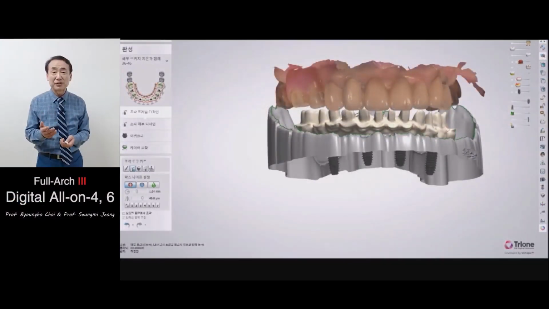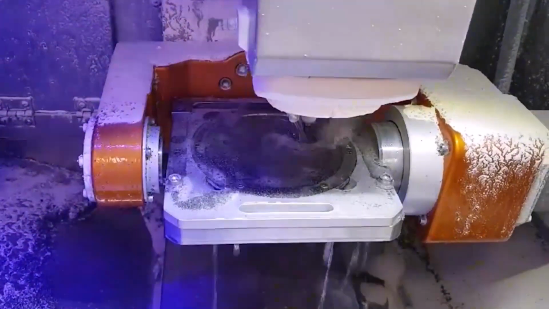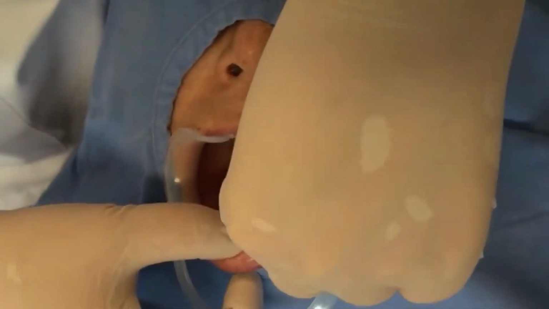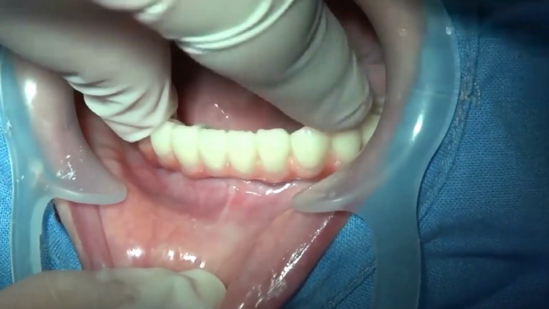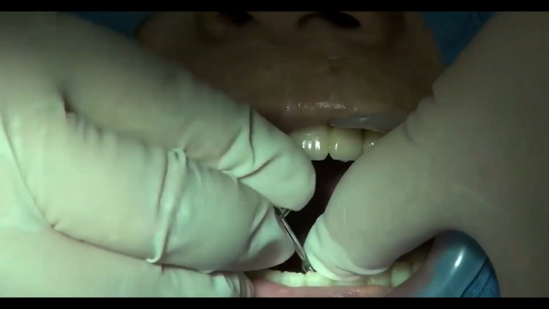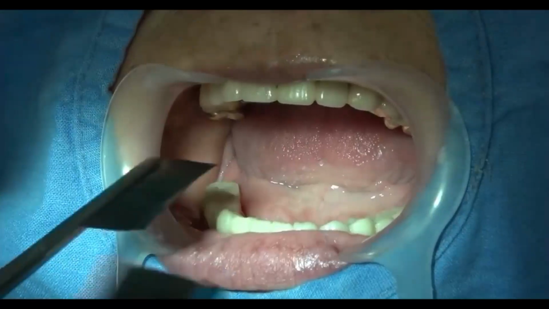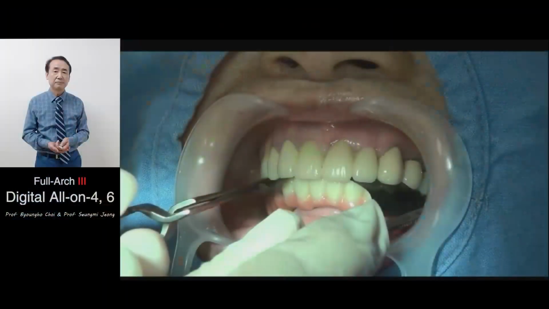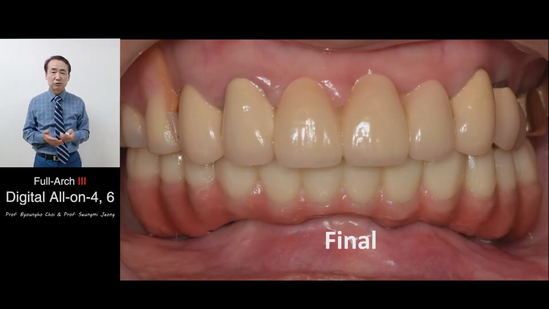You can fabricate it by milling. This is the Oron 4 final restoration.